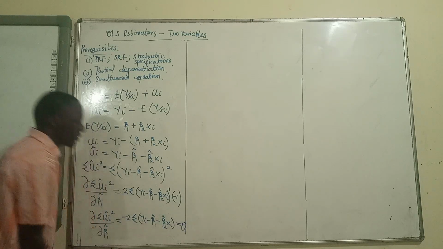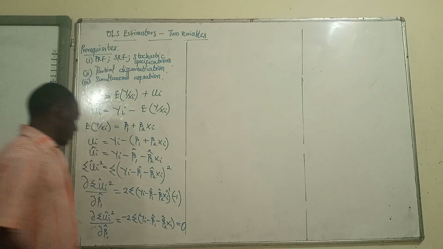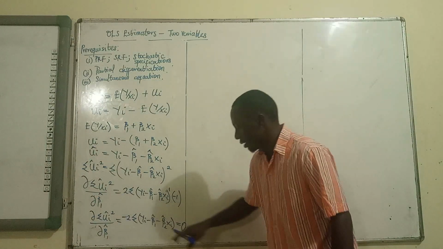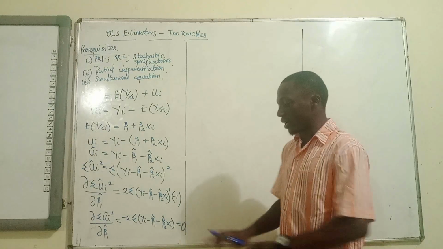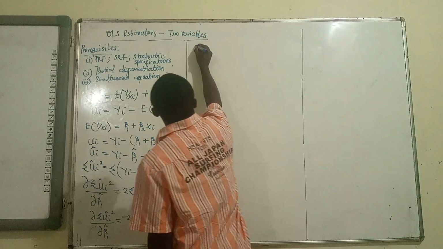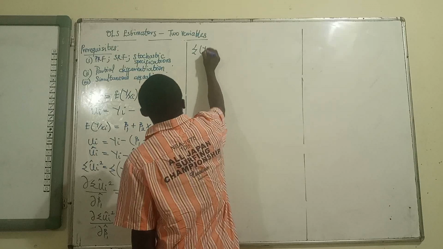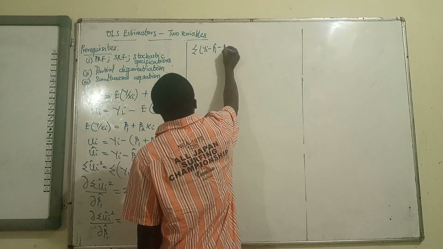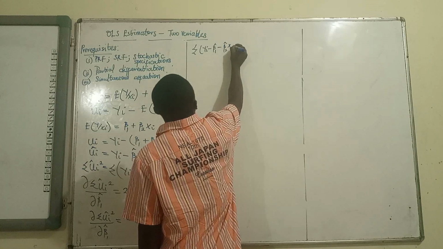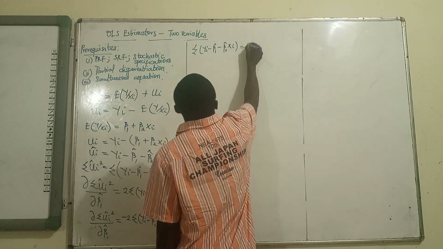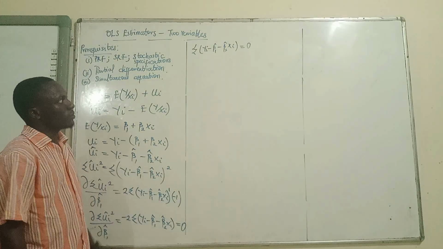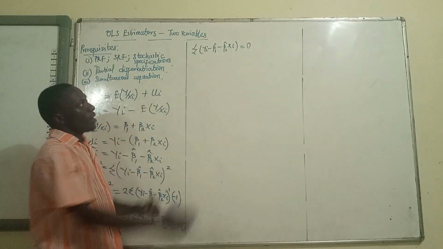From what is here now, I can divide both sides by minus 2. That is, we have 0 over minus 2, and that gives 0. So that simply gives us summation yi minus beta 1 cap minus beta 2 cap xi equals 0.